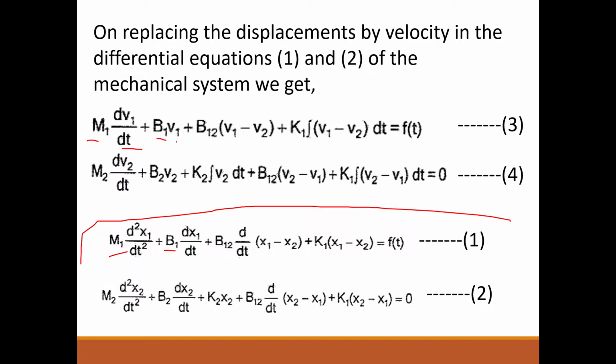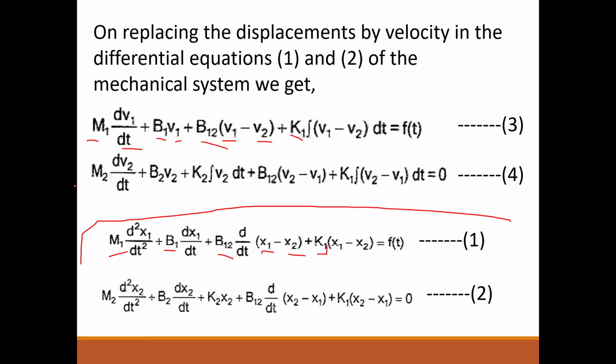Instead of dx1 by dt, write v1. Plus b12 is there, so write b12 as it is. d by dt of x1 minus d by dt of x2. d by dt of x means v. So instead of d by dt of x1, write v1. Instead of d by dt of x2, write v2. Plus k1, write as it is.